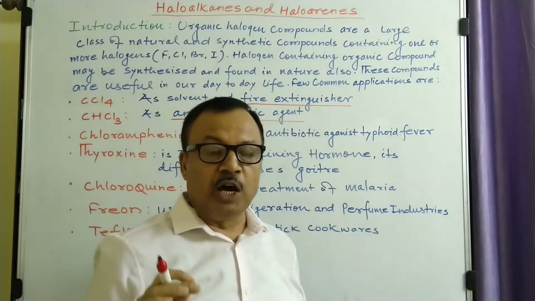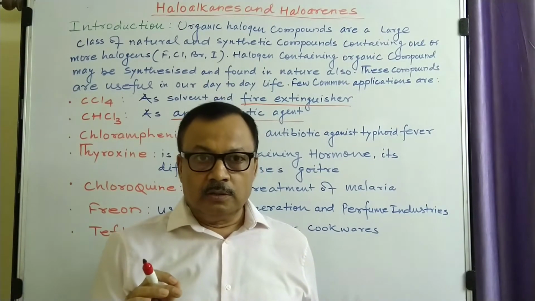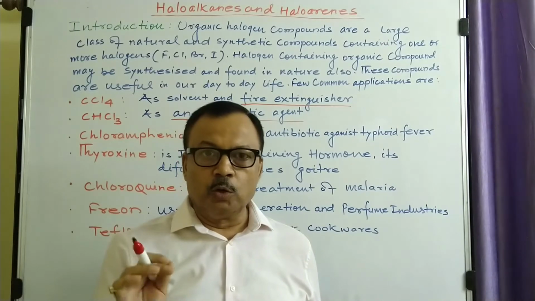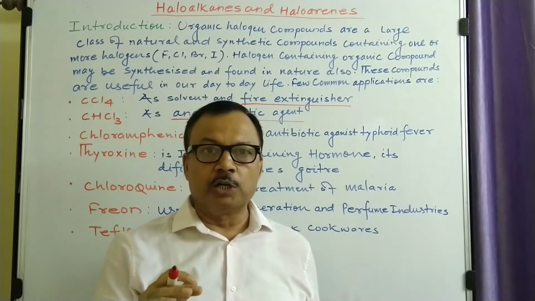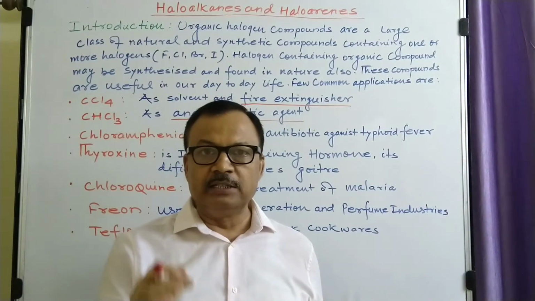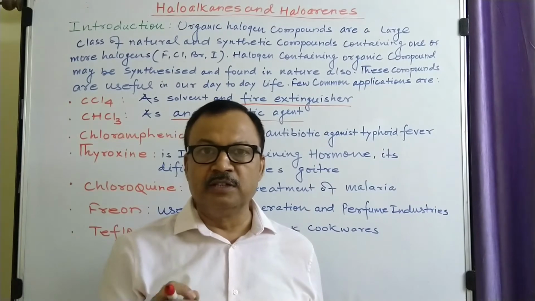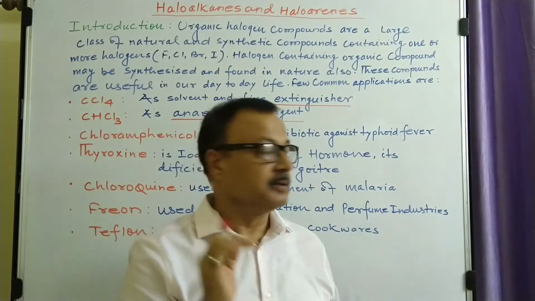Nowadays, the use of chloroform is not regular because chloroform is converted into a toxic material, phosgene, due to oxidation. That is why the use of chloroform for anesthetic purposes is now completely banned.